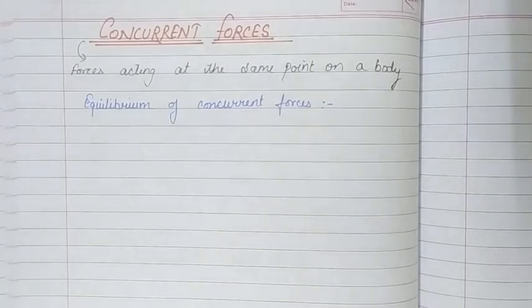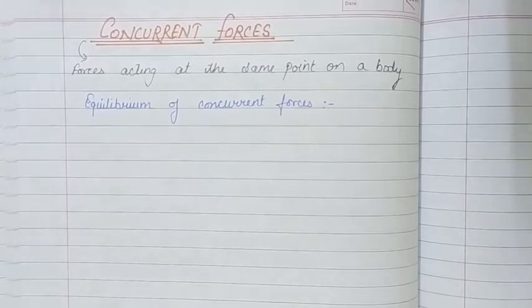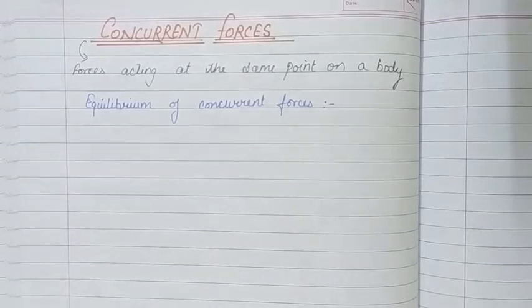Although there are multiple forces acting on that body, the net force acting on it is zero. In that situation the body will remain in its state of rest or of uniform motion along a straight line, and the body is said to be in equilibrium.